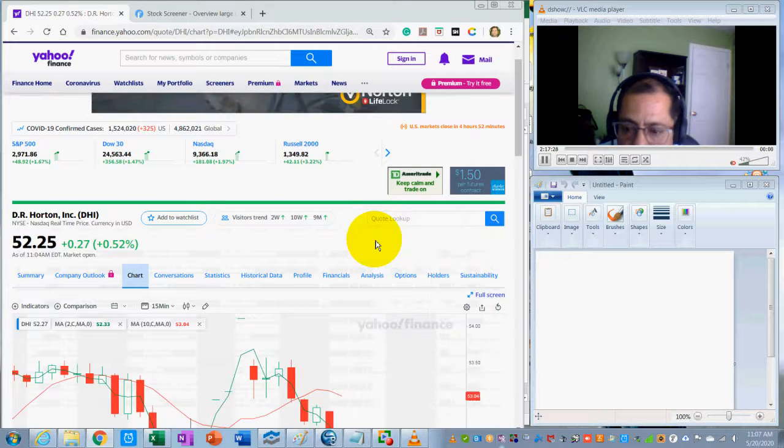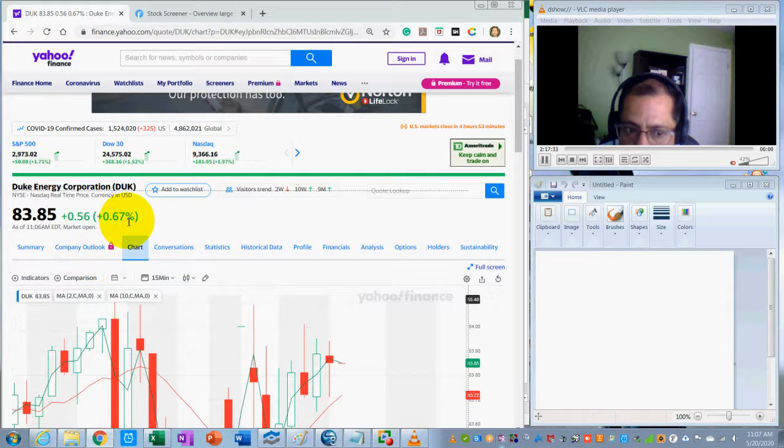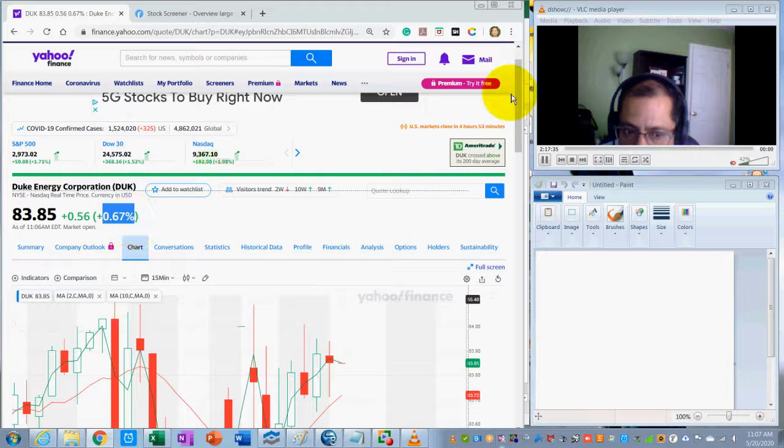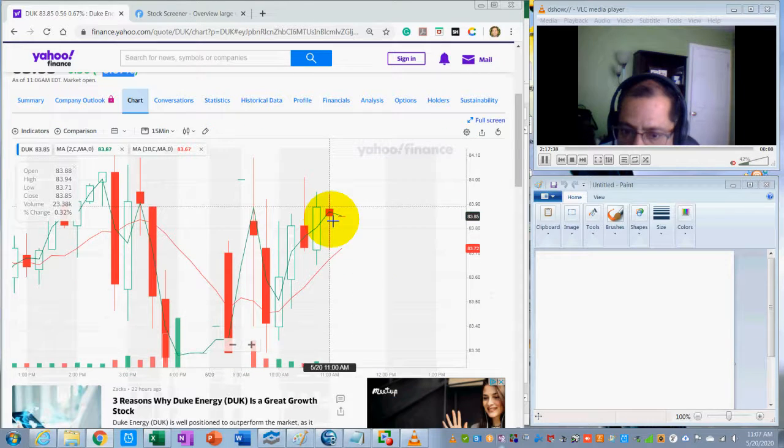And you will notice that DUK is probably also, although it was doing well, but right now, as I'm doing the demonstration, it seems like it is going down. But the slow moving average is still way above the fast moving average.